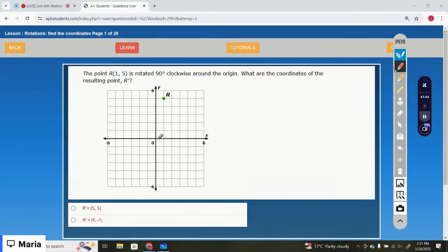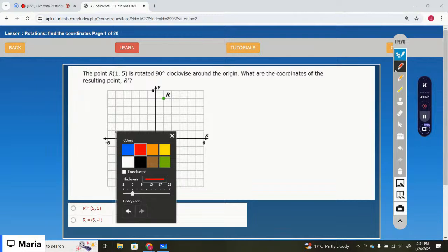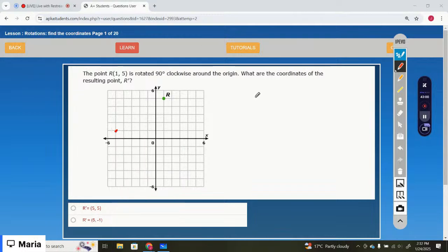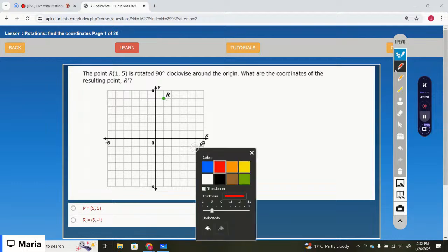One and five, right? 90 degrees, so it would be from quadrant 1 to quadrant 4. Keeping this point fixed, when you rotate this point, it would be now here.